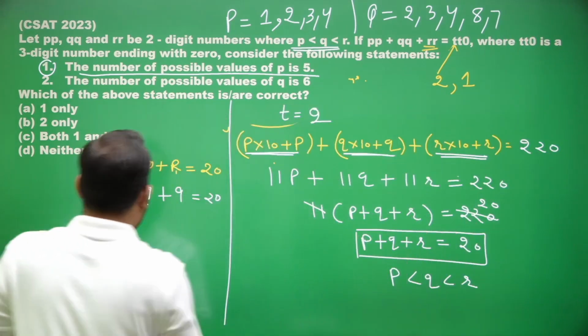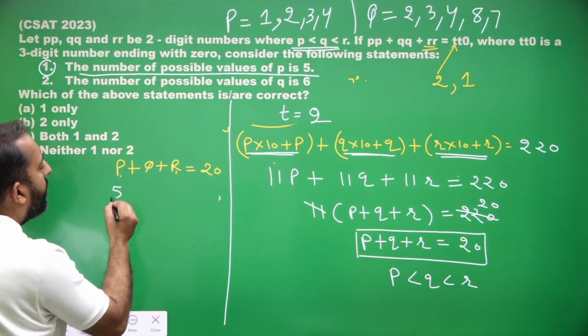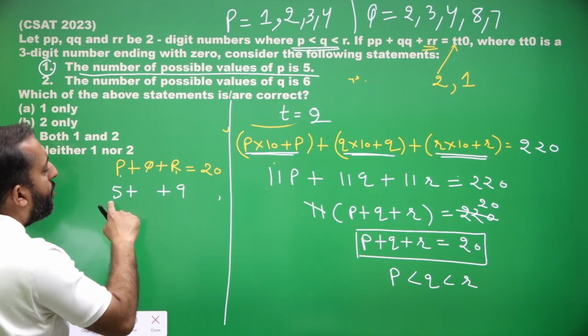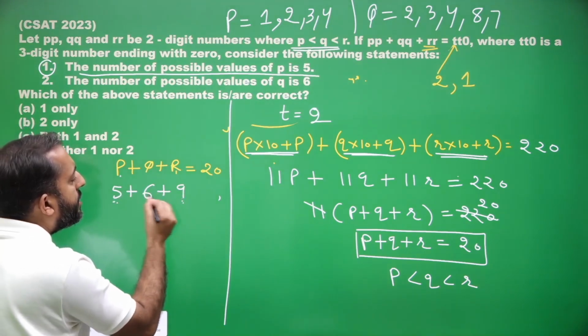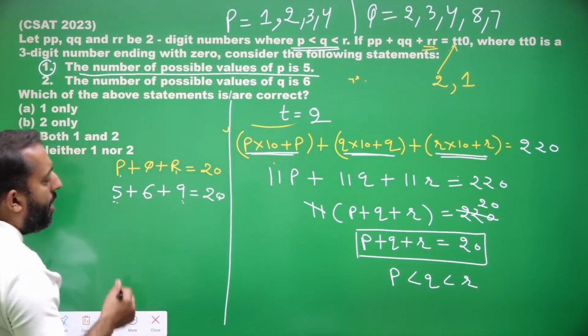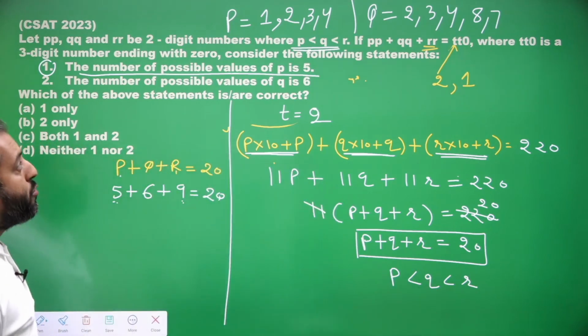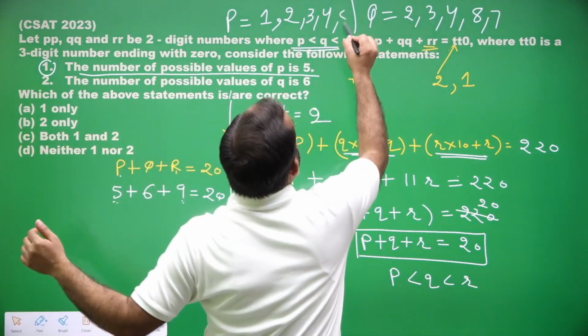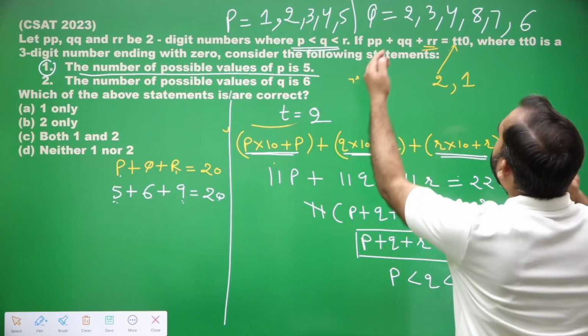What if P is 5 and Q is 9? 9 plus 5 is 14, plus 6 is 20 also. Again, the condition is justified: P is less than Q is less than R. So the next value that P can consider is 5, and the next value that Q can consider is 6.